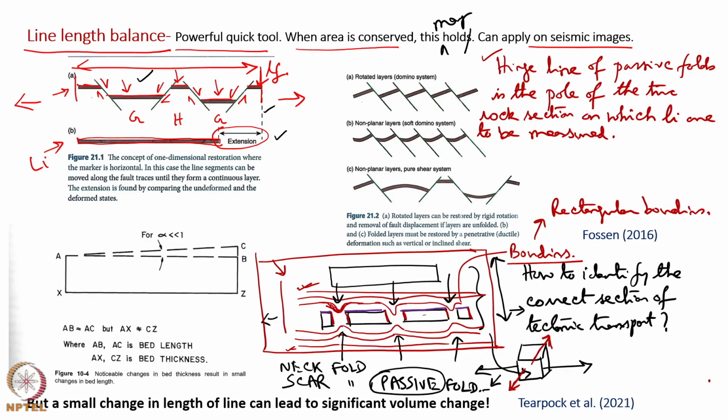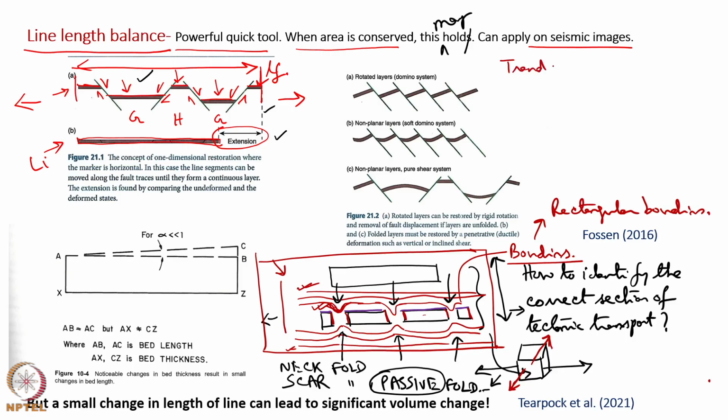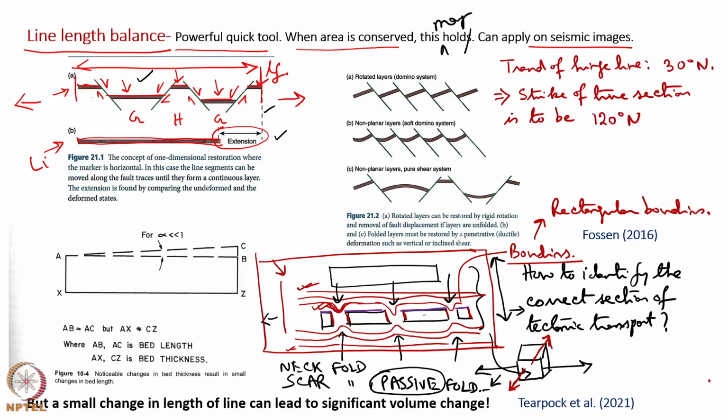In simpler language, suppose the trend of the hinge line is 30 degree north. Perpendicular to that should be the strike of the true section, and that is to be 120 degree north.